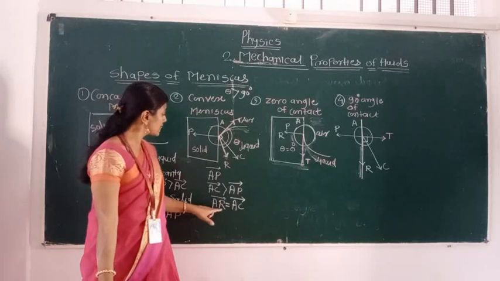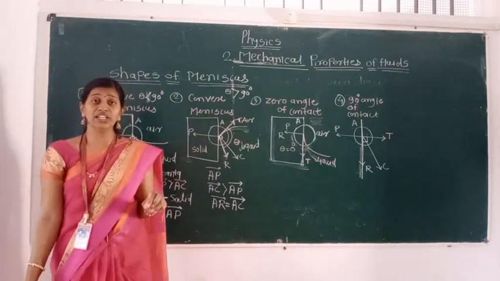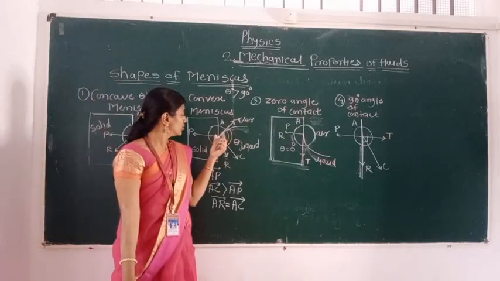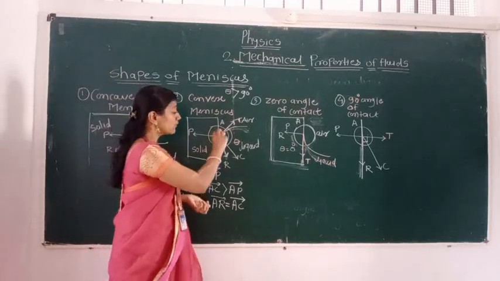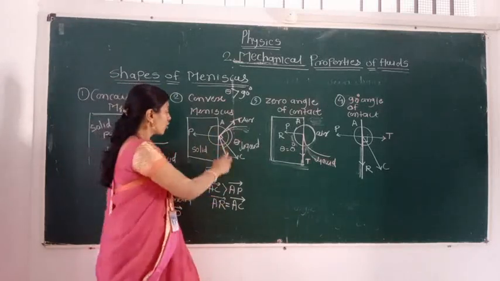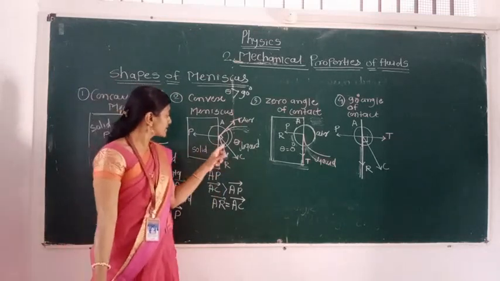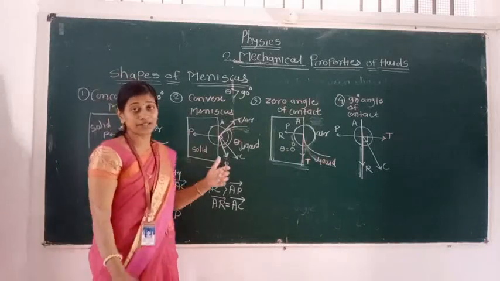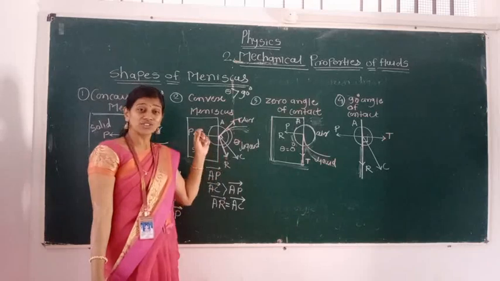The resultant force AR, which is acting on the molecule A, is normal to the liquid surface at all points, so the liquid molecules which are close to the wall of the container creep against the solid boundary.